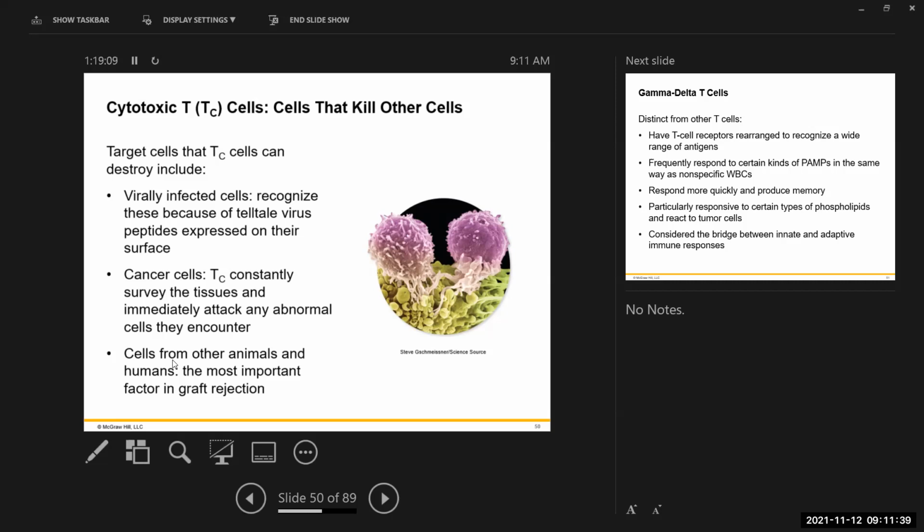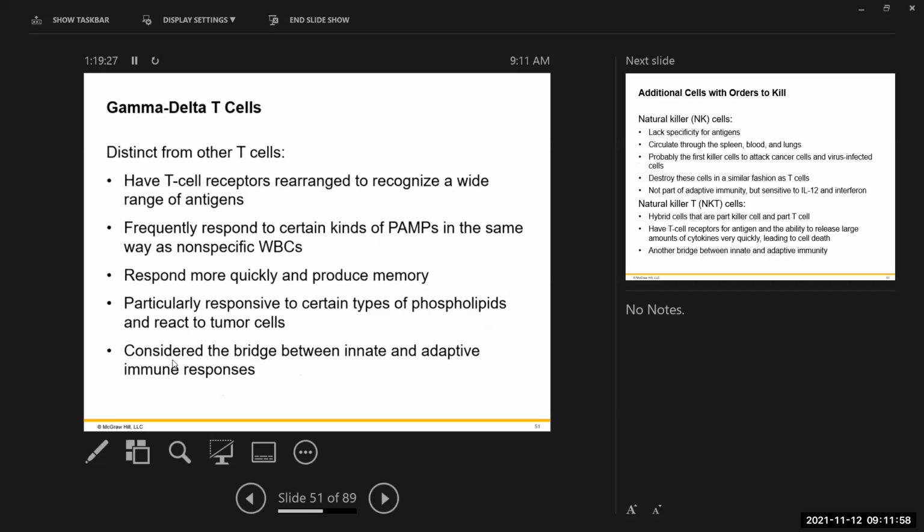And these cells, remember, are activated by interleukin 2 that's made by T helper cells. T cytotoxic cells can make their own interleukin-2, they just don't make very much of it. They need T helper cells essentially to come in and give them the help.